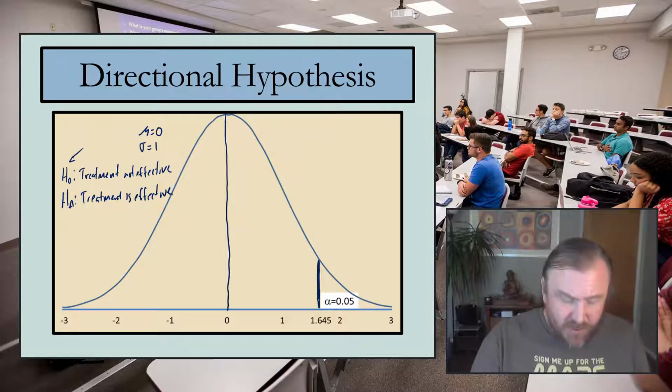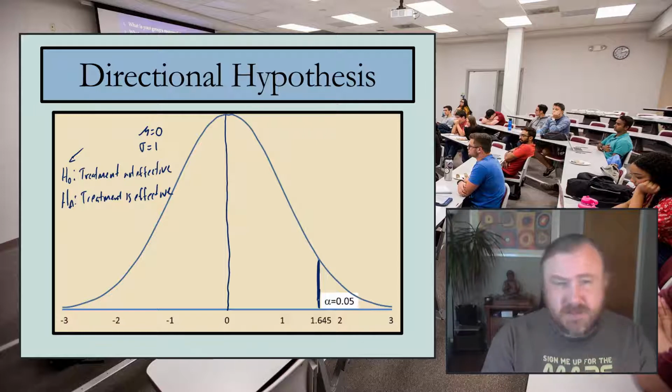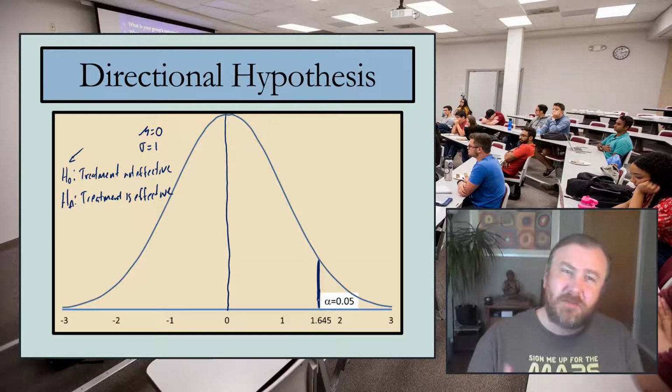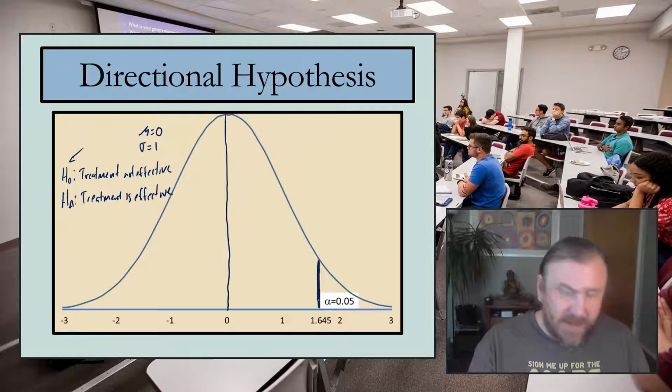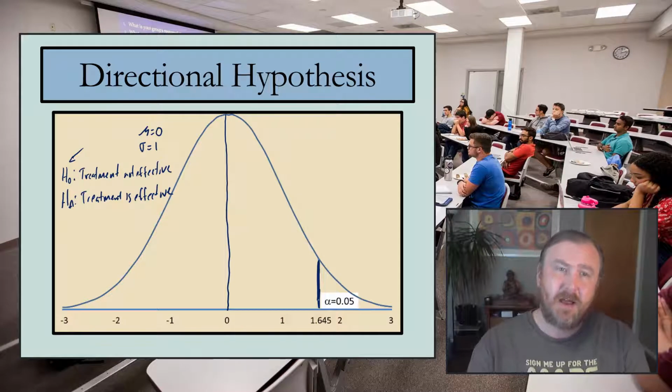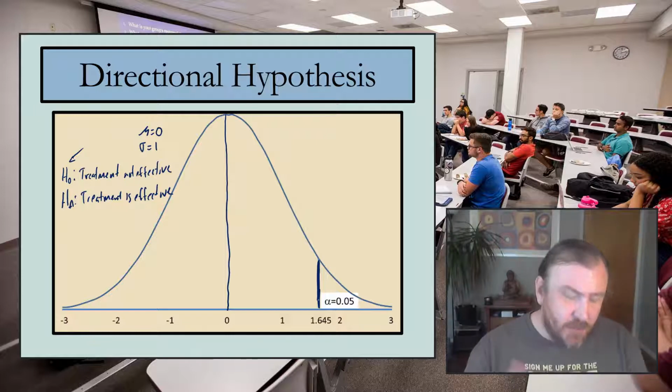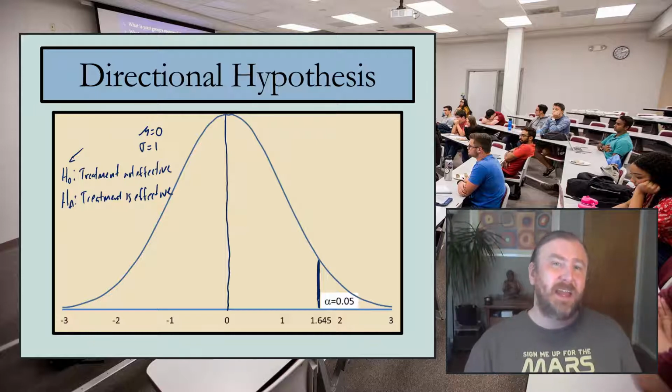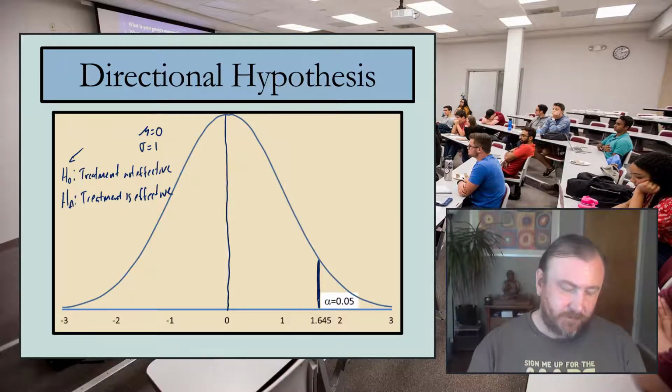And what proportion would be between this and this, right? We learned how we can slice and dice up a normal distribution and understand proportion above, proportion below, proportion between, that kind of stuff. So we're going to leverage that now in a conceptual way for hypothesis testing.